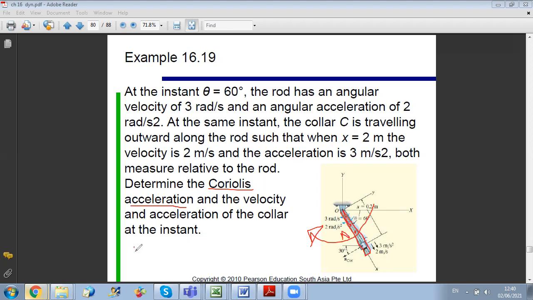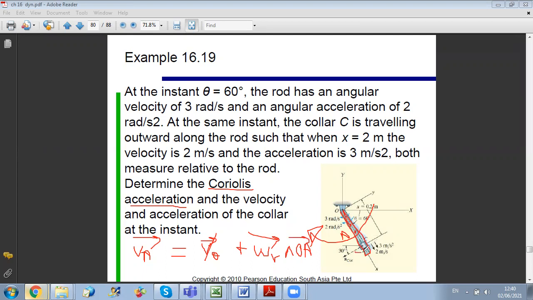So you can say that VA is equal to VO, here O is fixed so VO is 0, plus omega of the rod vectorial OA. And no need to add any other term. Why? Because A is on the rigid body. It's not moving relative to the rigid body.